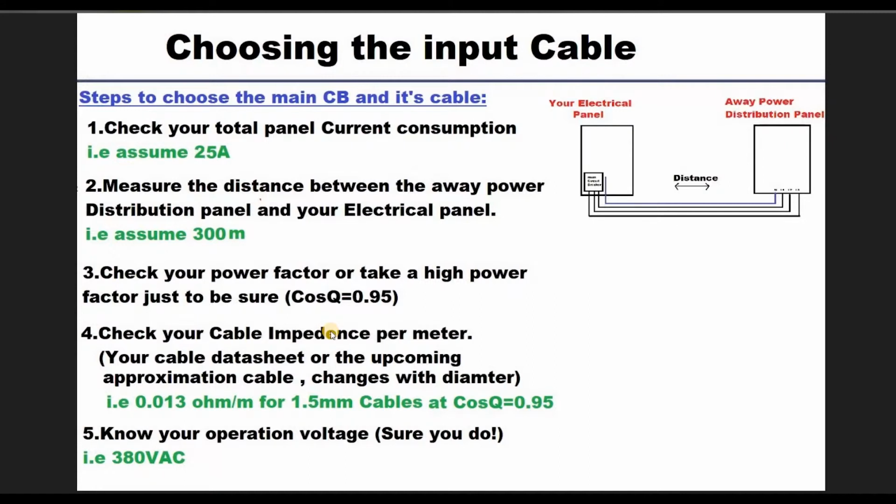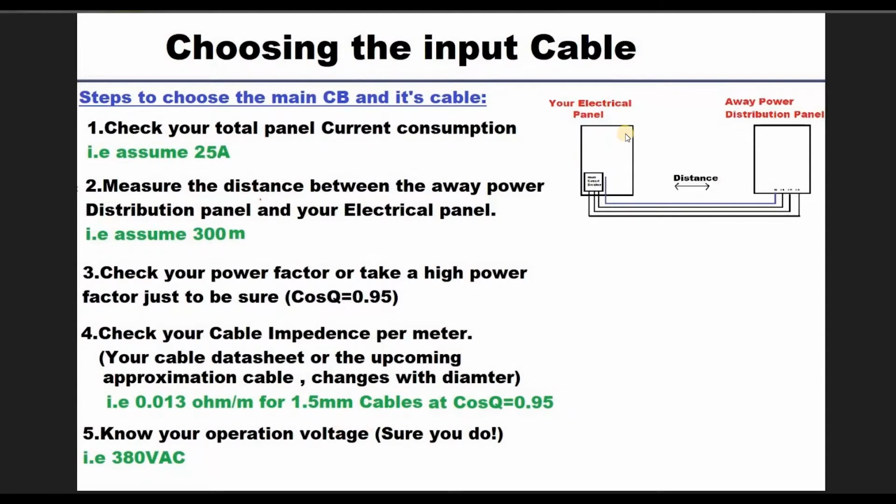This impedance will change depending on the diameter and on the power factor of your electrical panel. So let's assume that we chose a 1.5 millimeter cable, where the impedance is 0.013 according to the table I will show you. We'll assume that it is the worst case scenario, or actually the best case scenario since the power factor is high, 0.95.